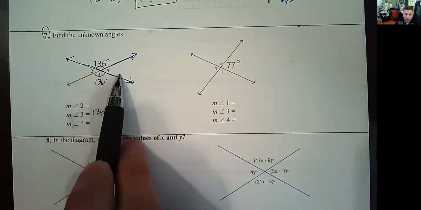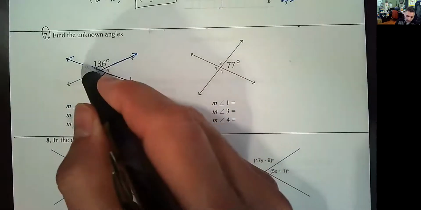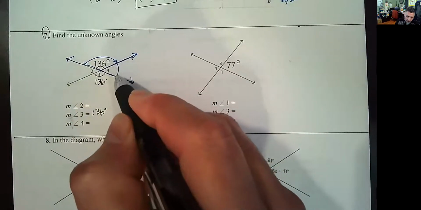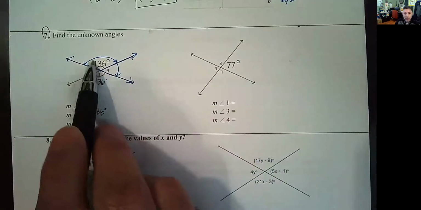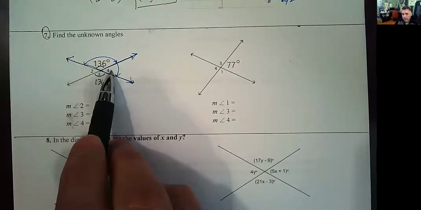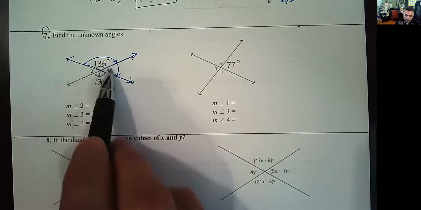If I notice this angle to here, that makes a half circle or a linear pair. You should think, hey, these two add up together to make 180.